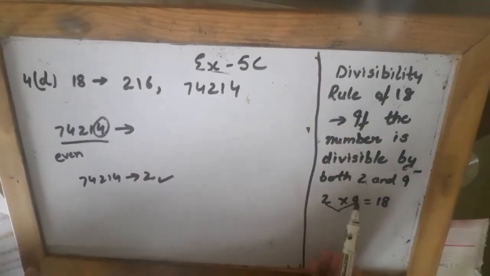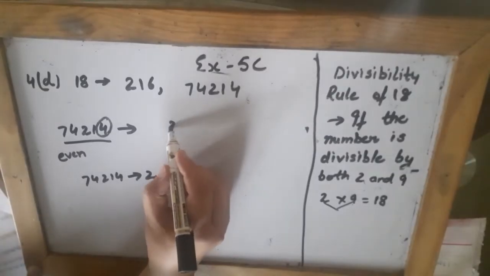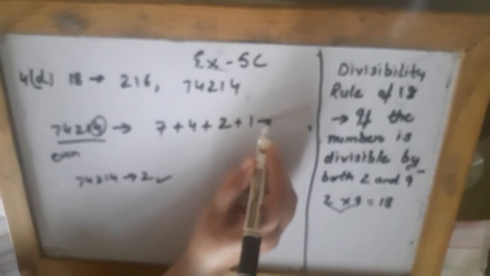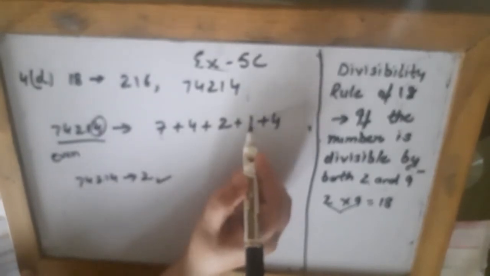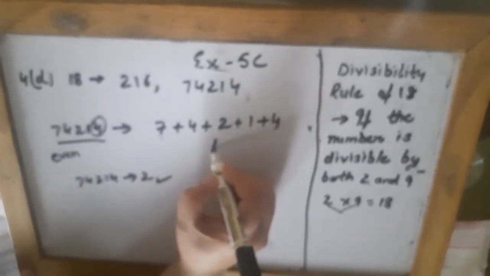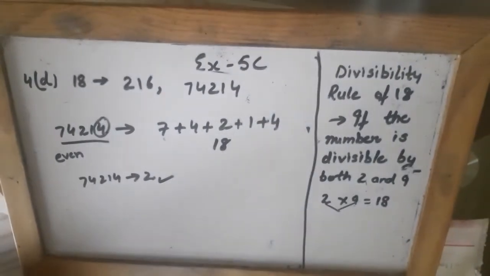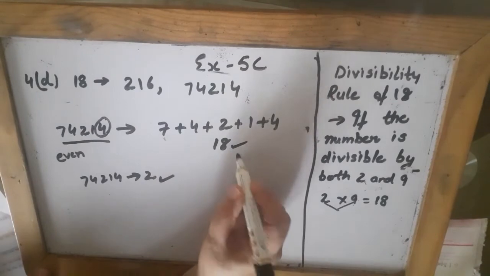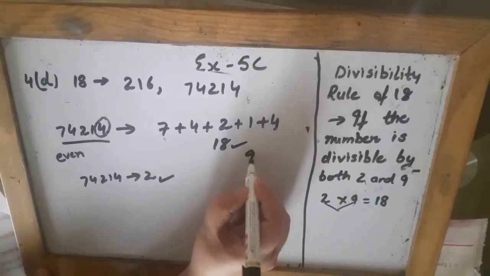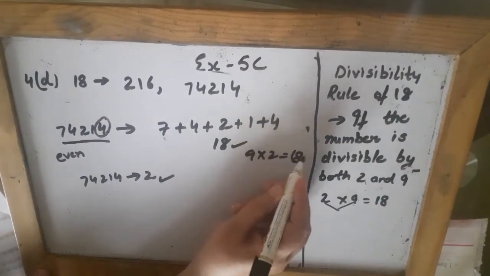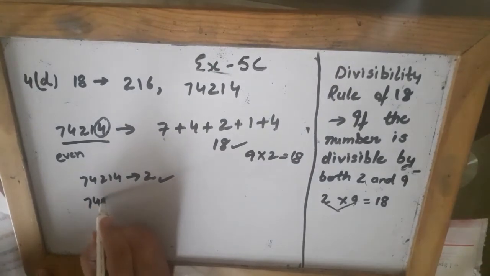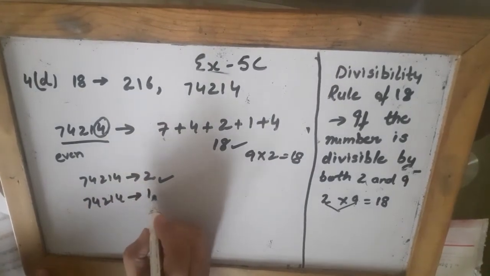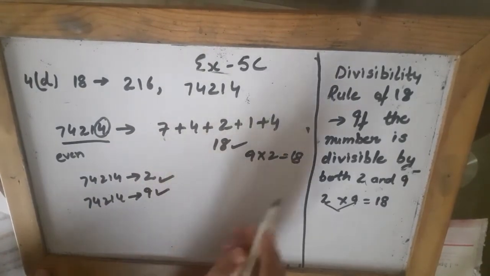Okay, now I have to check the divisibility by 9. So what is the rule? I have to add all the digits. It comes to 18. Yes, 18. Now is this 18 divisible by 9? Yes, 9 twos are 18. So it means this 74214 is divisible by 9 also.